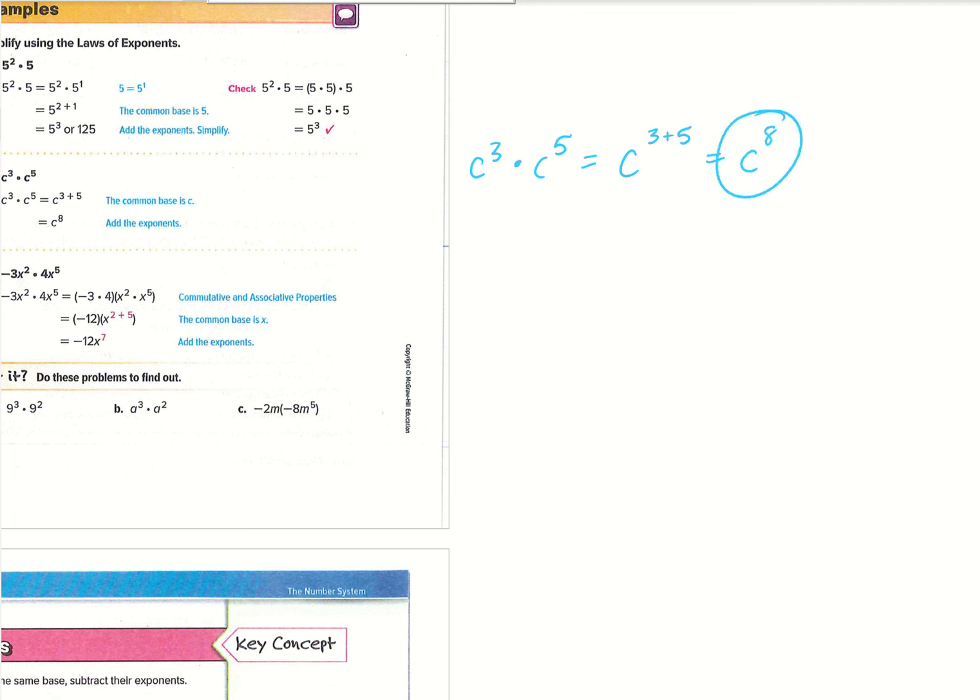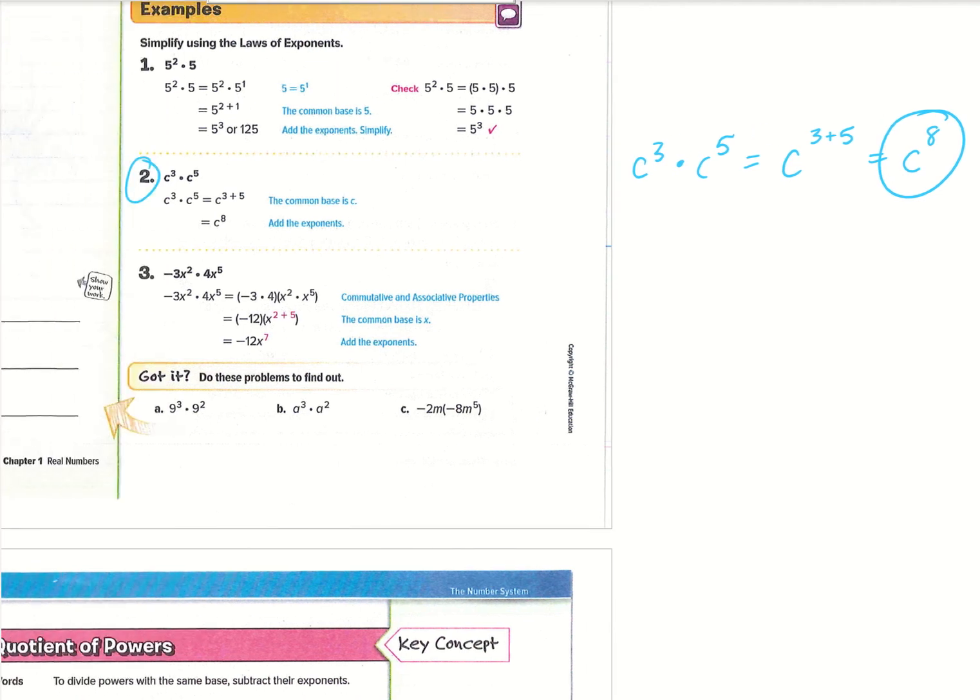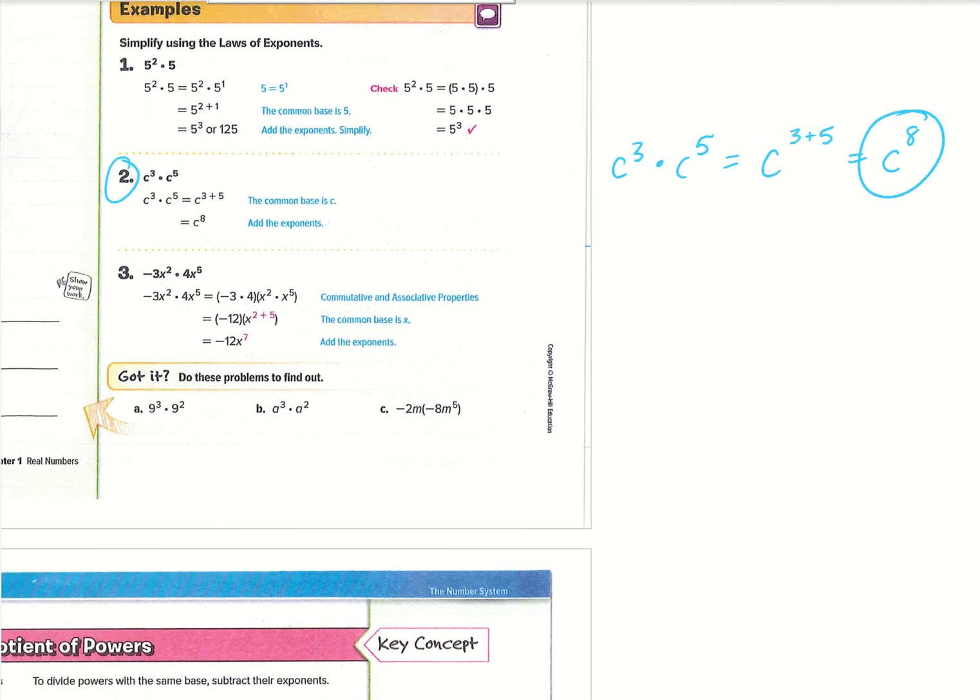And that's all you have to do for that one. Again, not too difficult, not very many steps. As long as you remember that rule, you're going to have no problem with this. I want you to try out A and B on your own, and then we will move on from there.